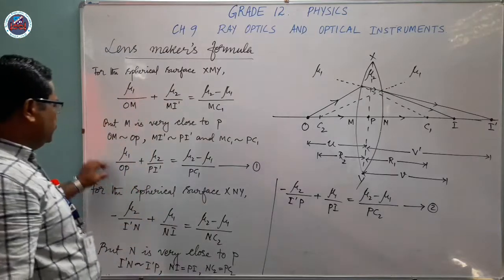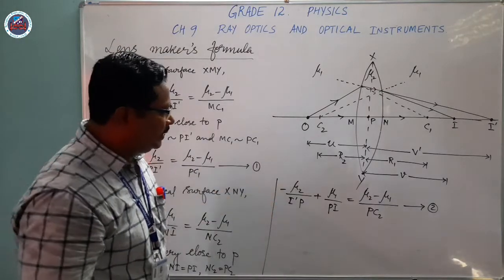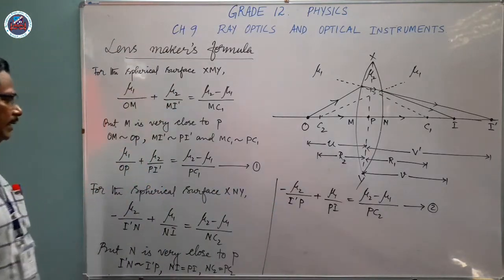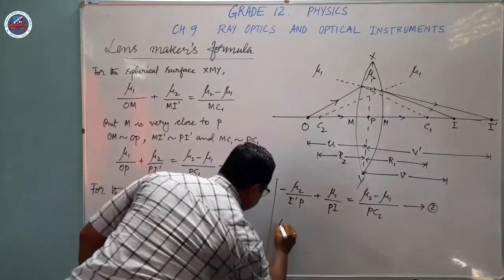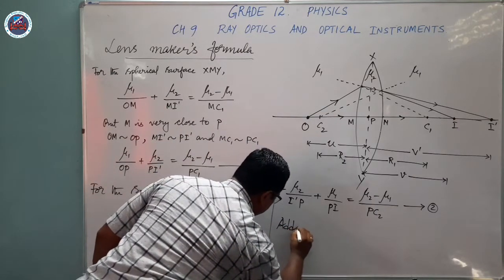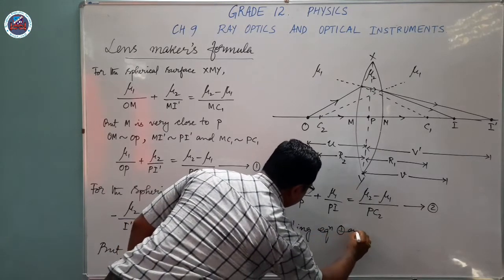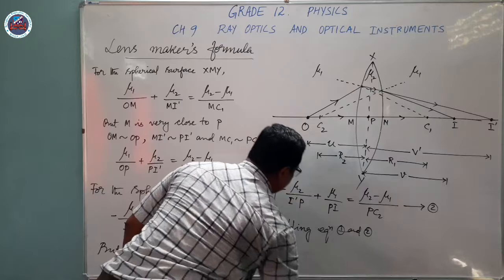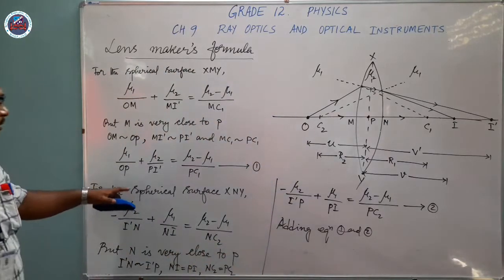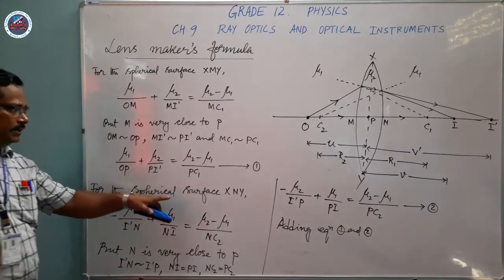After getting these two equations 1 and 2, we'll add them up. When we add them up, adding equations 1 and 2, we'll get these two terms. You can see mu2 by pi dash.